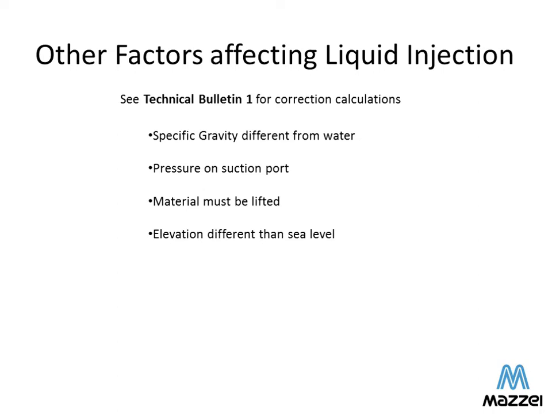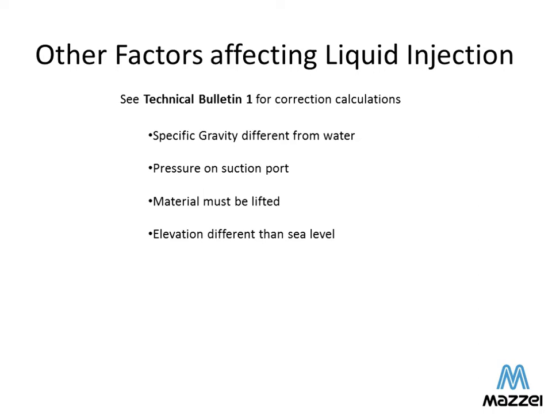That would put added pressure on the suction port and increase the suction capacity of the injector. Let's say the additive is below the level of where the injector is located physically. That would impose a vacuum on the suction port, which would require the injector to lift that material before drawing it in, which would decrease the effective suction capacity, and there's a correction factor for that in there.